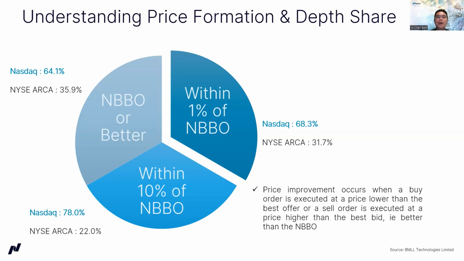Lastly, the metrics within 10% of the NBBO. What value, you may ask, can the depth of book data provide an investor if those orders are less likely to get executed? The answer lies in technical analysis. A technical analyst looks at charts to determine key support and resistance levels within the order book. Support and resistance levels within an order book are typically large orders that act as major indicators of supply and demand.